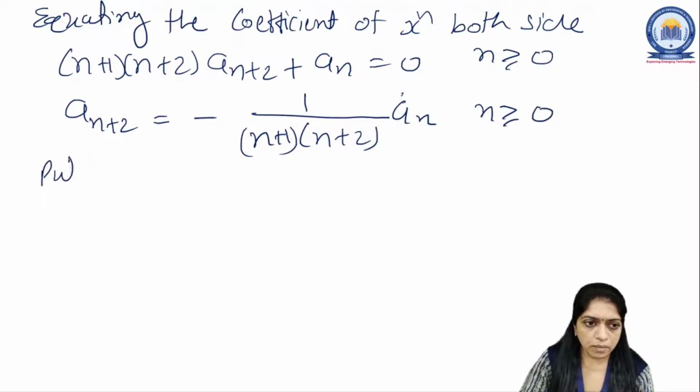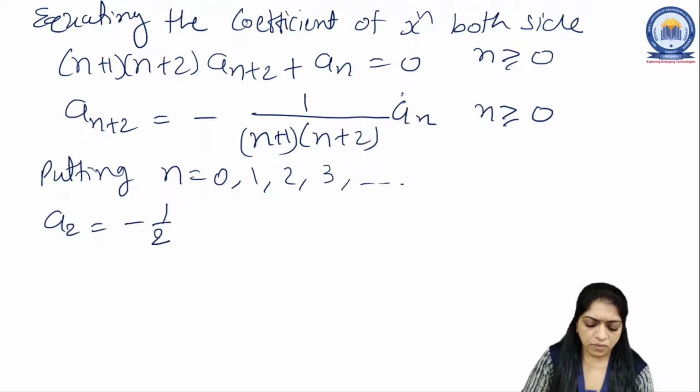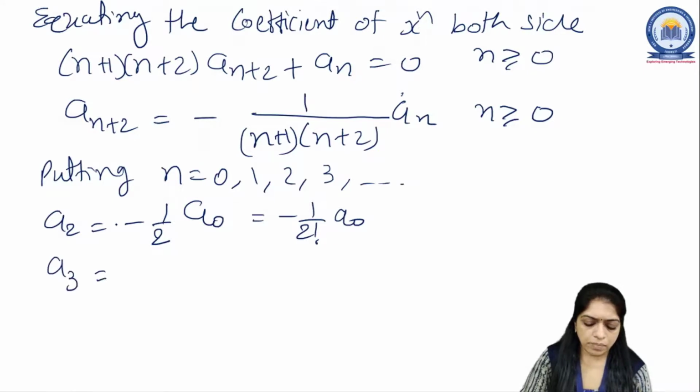So putting n equal to 0, 1, 2, 3 up to so on, first a2 by putting here, minus 1 by 2 a0. So here minus 1 upon 2 factorial a0. a3, that is minus 1 upon 2 dot 3 a1.